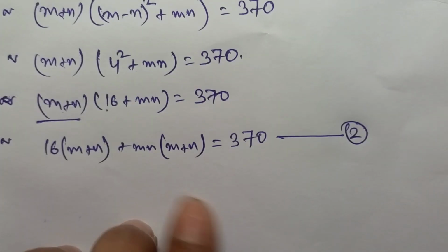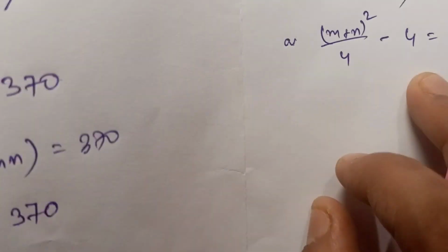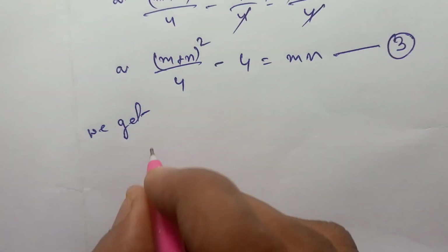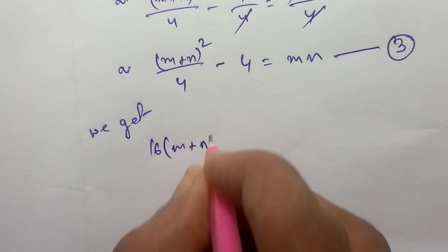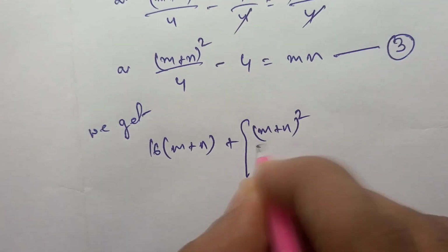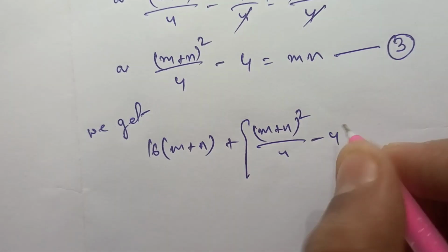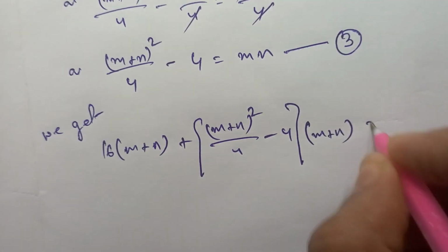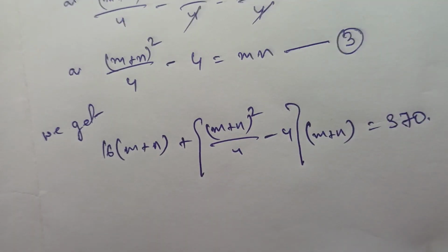Now we have to put the value of mn into equation number 2. We get 16(m + n) plus, in curly braces, (m + n) whole square divided by 4 minus 4, which replaces mn, times (m + n), is equal to 370.